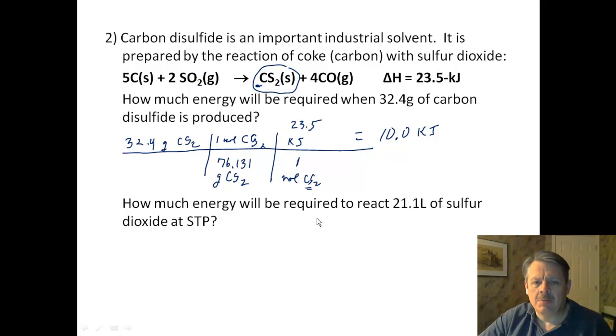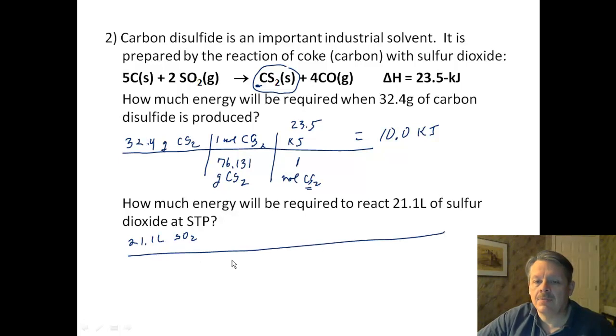All right, how much energy will be required to react with 21.1 liters of sulfur dioxide? And let's see, I have to convert from liters of sulfur dioxide to moles of sulfur dioxide. And that's always 22.4 liters in 1 mole because it says I'm at STP.